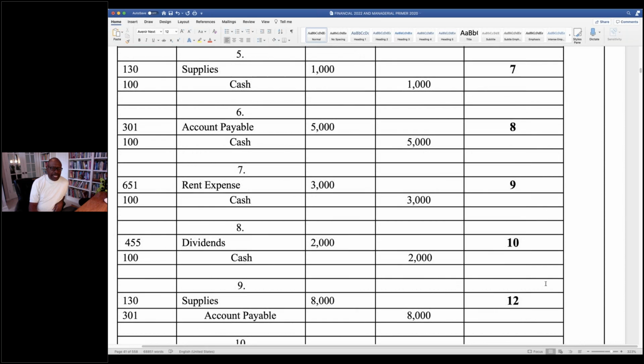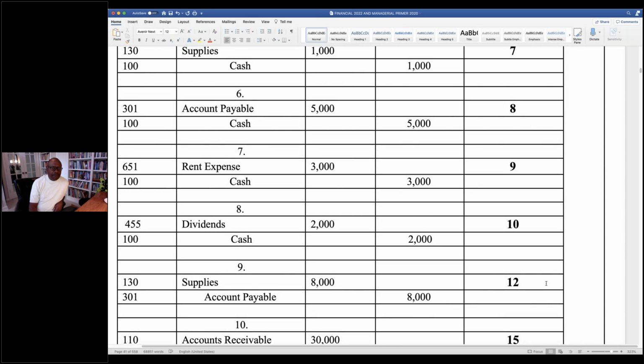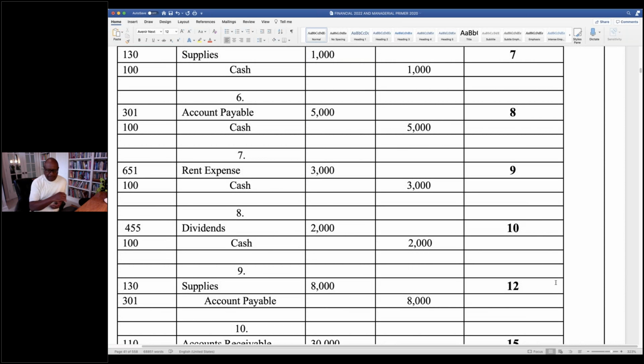Suppose we got to the end of the accounting period and it says supplies on hand are $3,000. Supplies on hand are $3,000. What adjusting entry are you going to make?